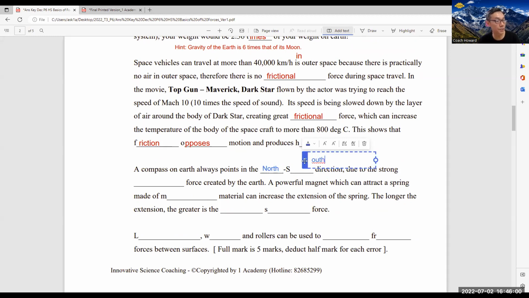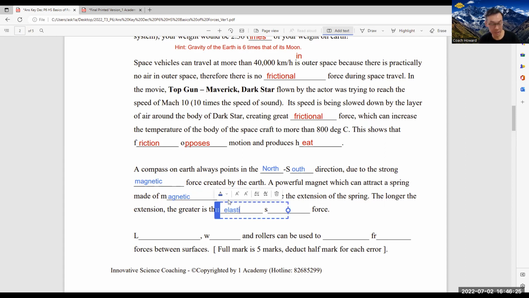Due to the strong magnetic force created by the Earth, a powerful magnet which can attract a spring made of magnetic material can increase the extension of the spring. The longer the extension, the greater is the elastic spring force.